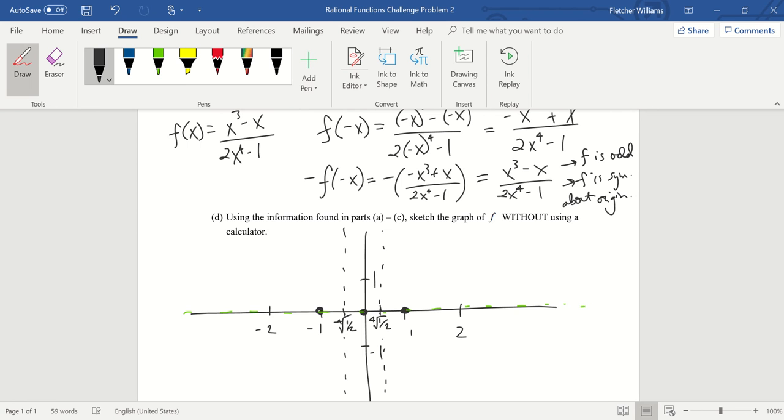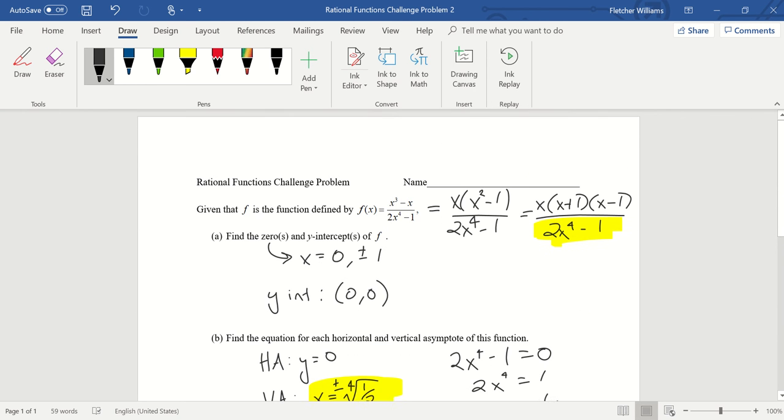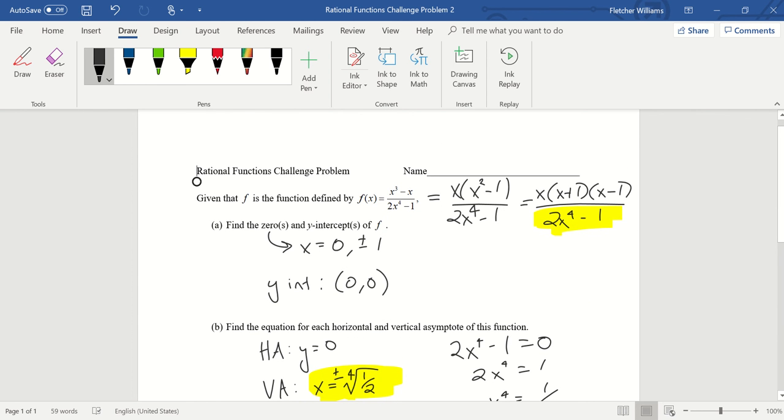If you plugged in something, let's see. So if I plugged in a number that was just slightly bigger than our first vertical asymptote, so something slightly bigger than the fourth root of a half.